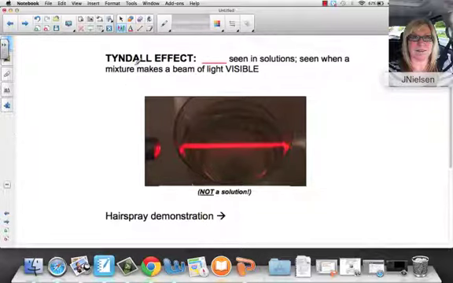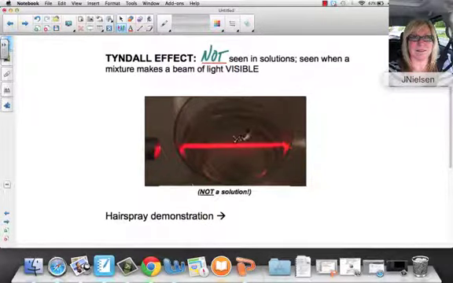So what is the Tyndall effect? The Tyndall effect is not seen in solutions, as I said. It is seen when a mixture scatters a beam of visible light.